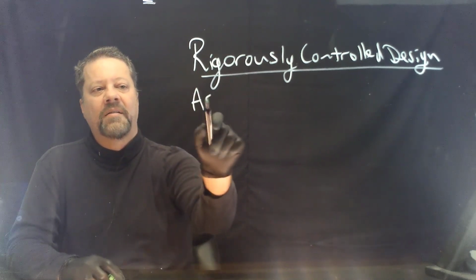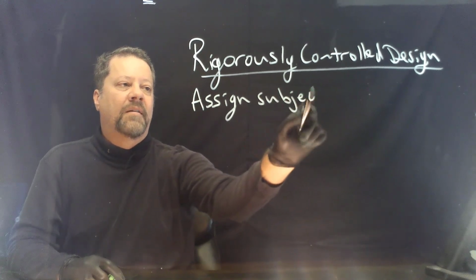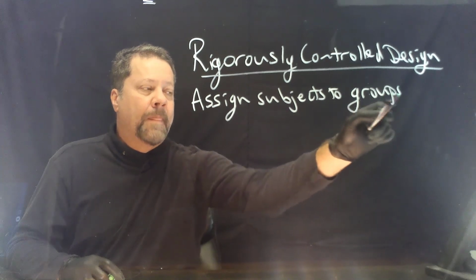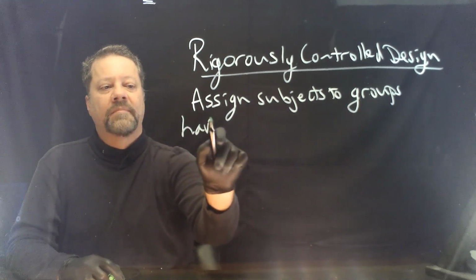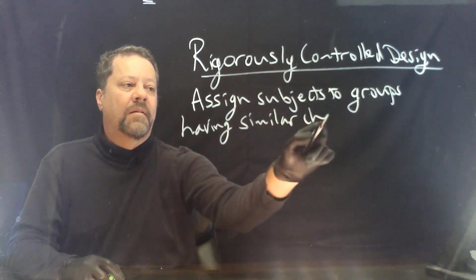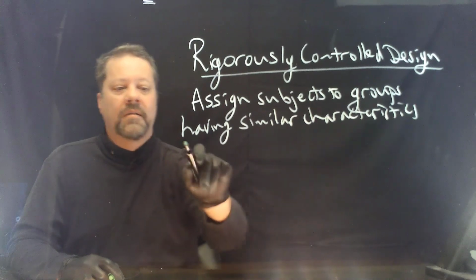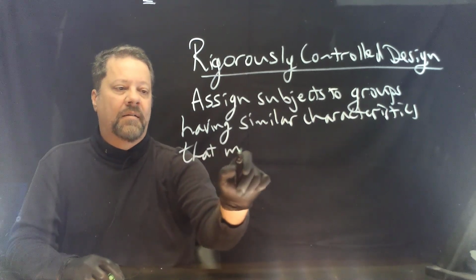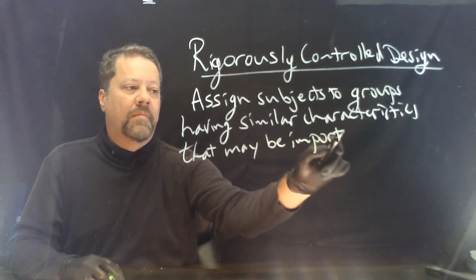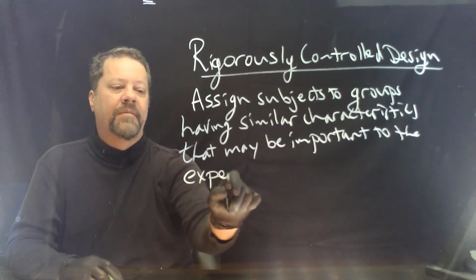Here, we assign subjects to groups having similar characteristics that may be important to the experiment.